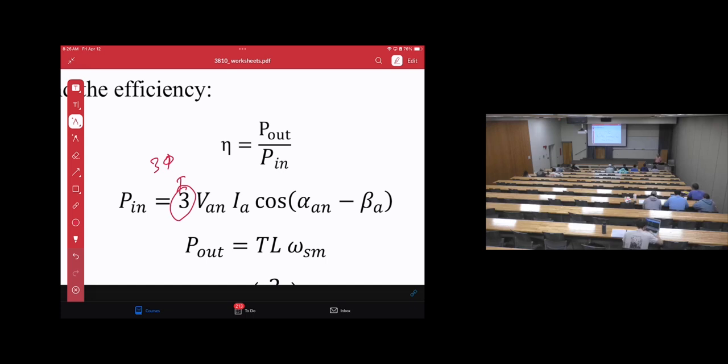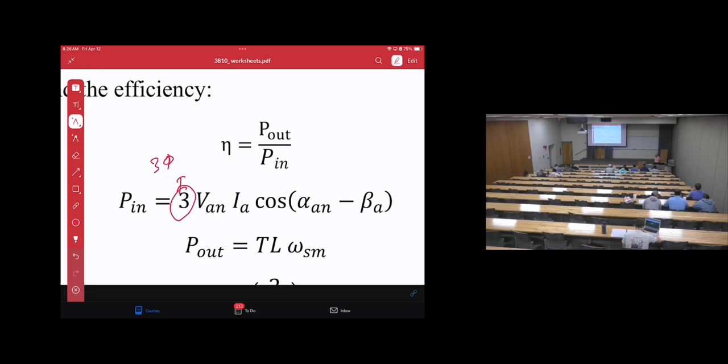No. Then just keep in mind, substitute this as a magnitude. And by the way, you are calculating the real power. It must be a real number. If it is a complex number, real power, then there's something wrong. If you calculate the efficiency and find it's a complex number, this is wrong. If you find the efficiency 1000%, this is wrong. If you find the efficiency negative 5%, this is meaningless, this is wrong.